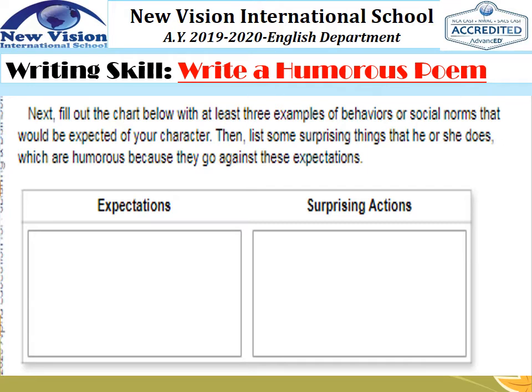Okay? And on the contrary, under the surprising actions, you have to write 3 opposite actions of your character. Something that goes against the expectations. Got it? Alright. Take time in filling in this chart.